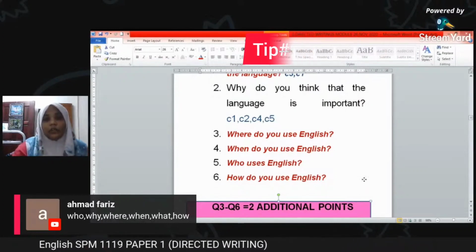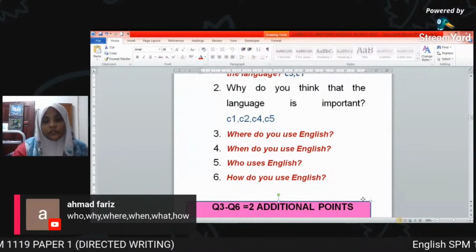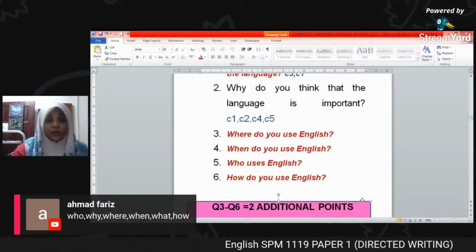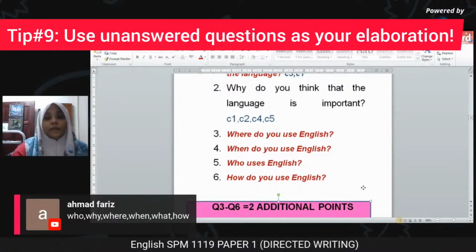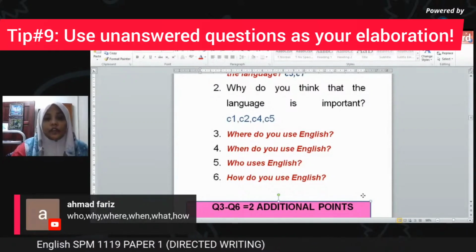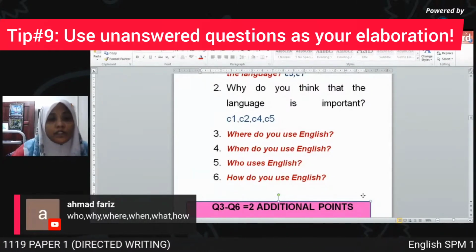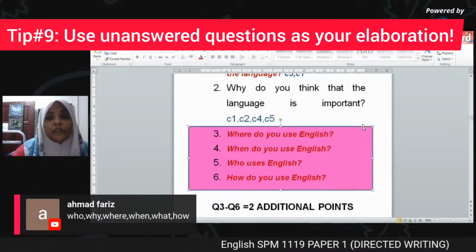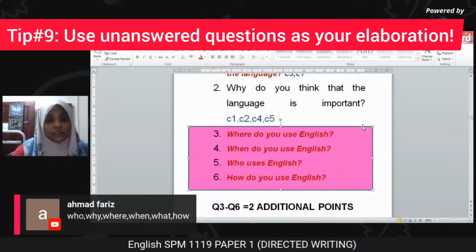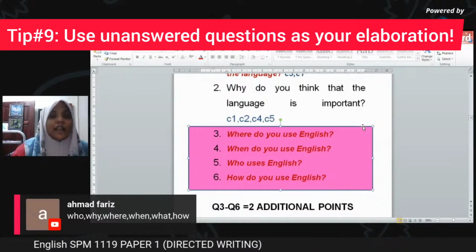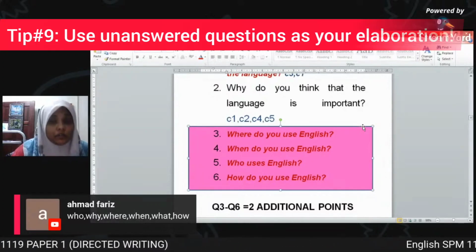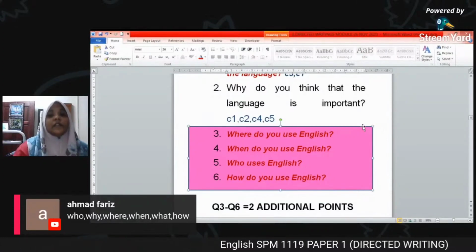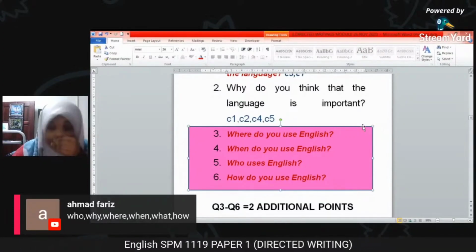So when you have these questions for which the points are not given, you can use question number 3, 4, 5, and 6 as elaboration or explanation for the points that you are going to write in your essay.